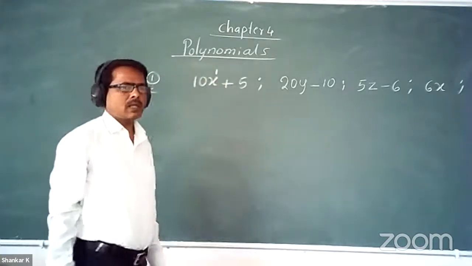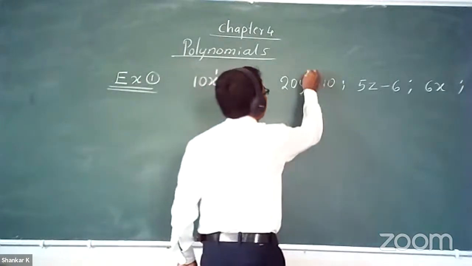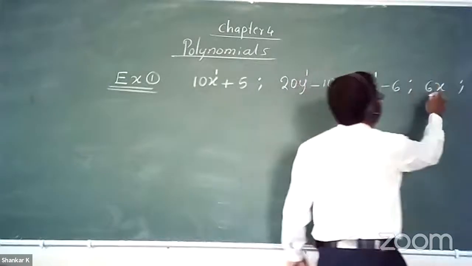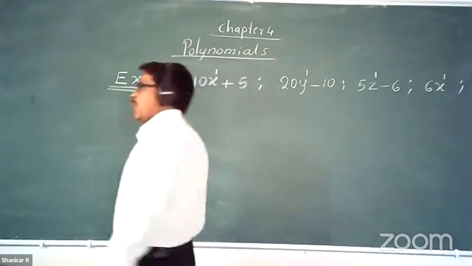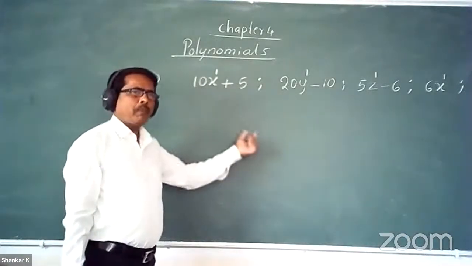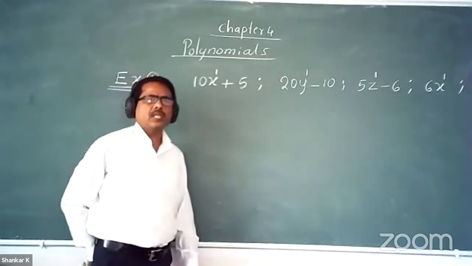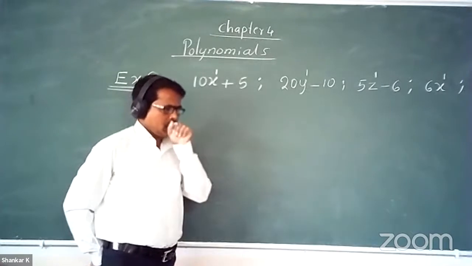What is the highest exponent? 1. Here, what is its highest exponent? 1. So the highest exponent, or highest power of the variable in the algebraic expression, is 1. Then its degree is 1.